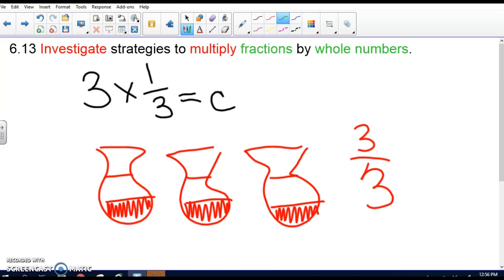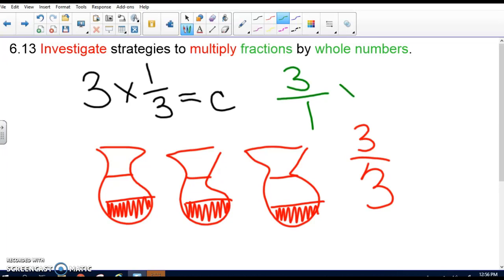Does anybody know how to write 3 as a fraction? Dominic? Nope. As a fraction. Three over 1 is 3 wholes.